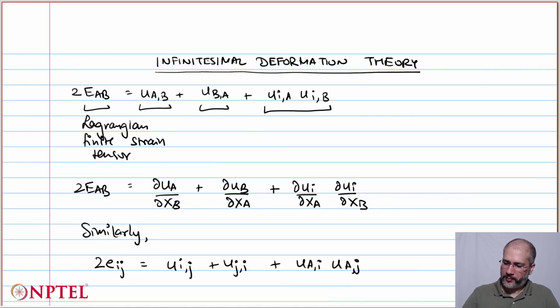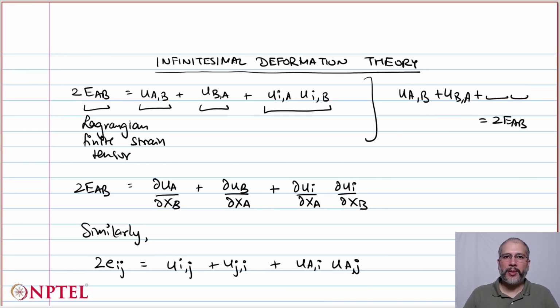So typically, we try to solve this equation for the displacements. So what we have here is u_a,b plus u_b,a plus a nonlinear term equals twice E_AB. So if the E_AB are known, you'll want to find the displacements by solving this differential equation.